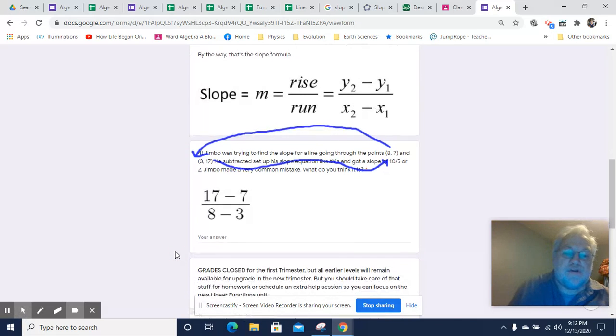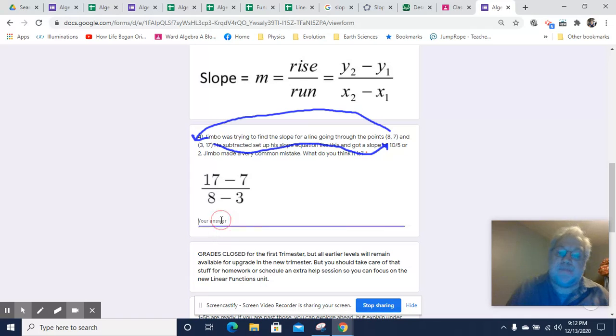If you ever notice yourself getting the opposite slope of what you intended, you're probably not keeping track of the direction of your subtraction. He went in opposite directions when he calculated the differences.